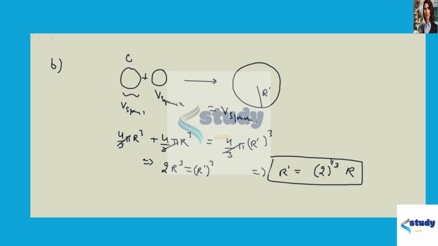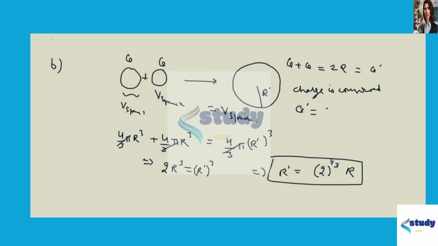Now this has Q charge and this has Q charge. So total charge is Q plus Q, which is equal to 2Q. So the charge is conserved. So we have a new charge, let's say Q prime, which is equal to 2Q, or say Q new.